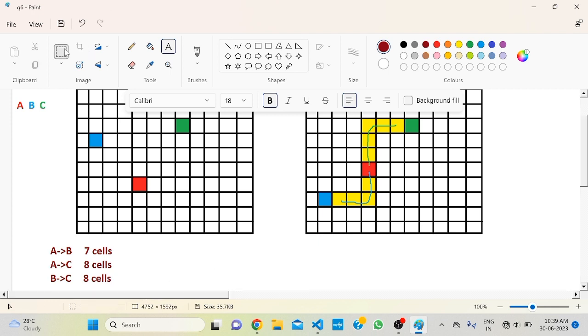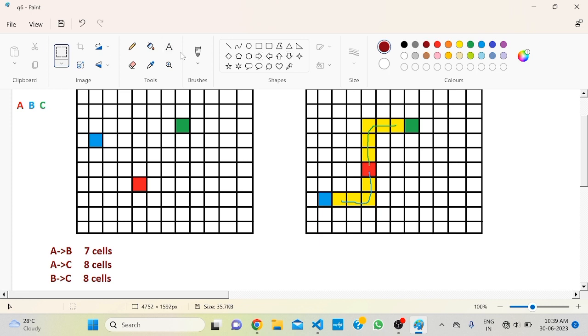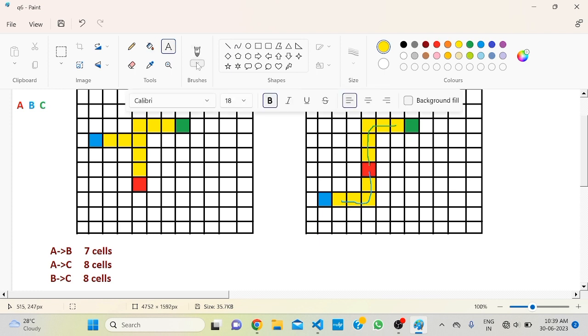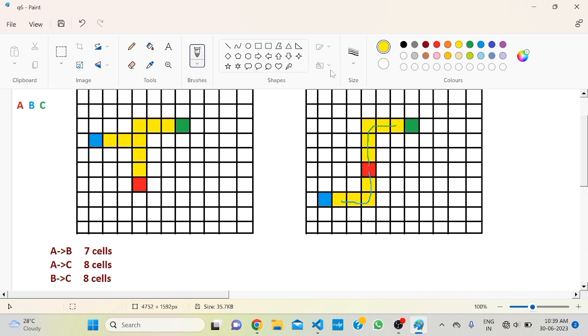So what we will do is, look here, if we will sum up this road, okay, this road, this one, okay, and this one, if we will sum up this road and this road, then if we will sum up this path and this path, then this block, this block, this block, and this block sum up 2 times.